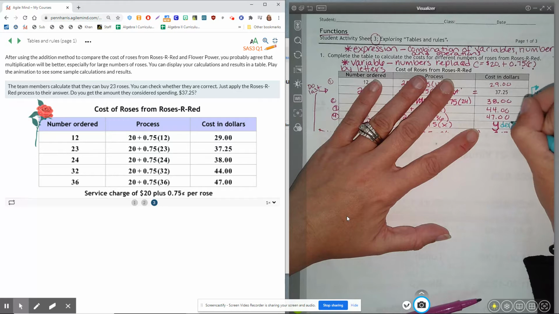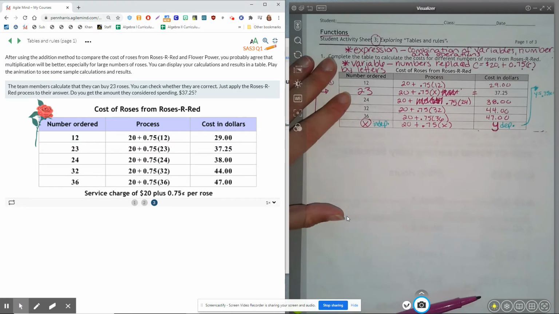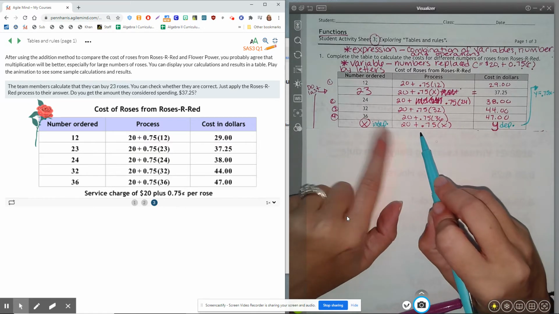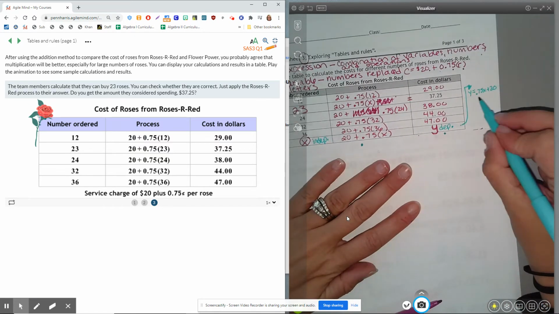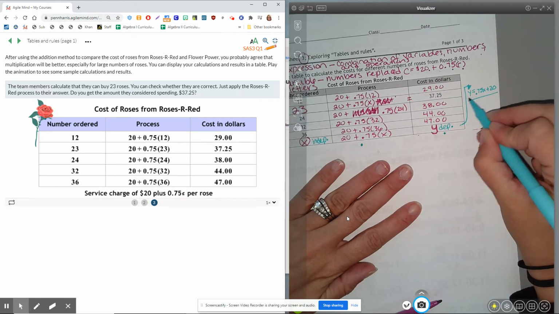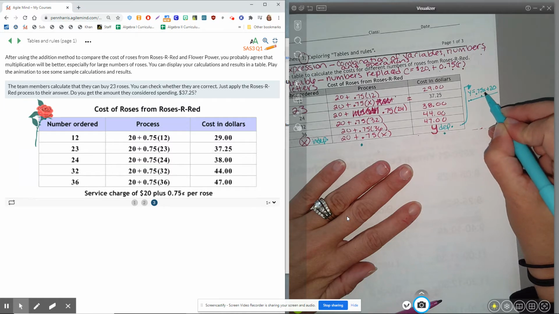So here's our letter and here's our other letter. This is what it actually looks like in an equation: Y, the total cost, equals 75 cents per rose plus a $20 service fee.